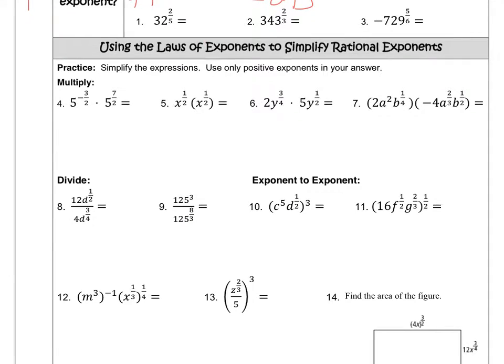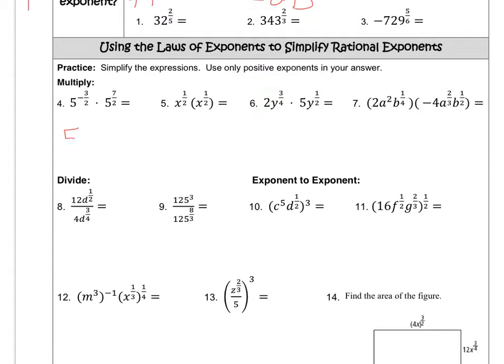So just a reminder on the rules, when we have like bases that are being multiplied together and they have exponents, our rule is that we add our exponents. So when we're looking at number 4, we've got like bases, so we bring down our base and we're going to add -3/2 plus 7/2.